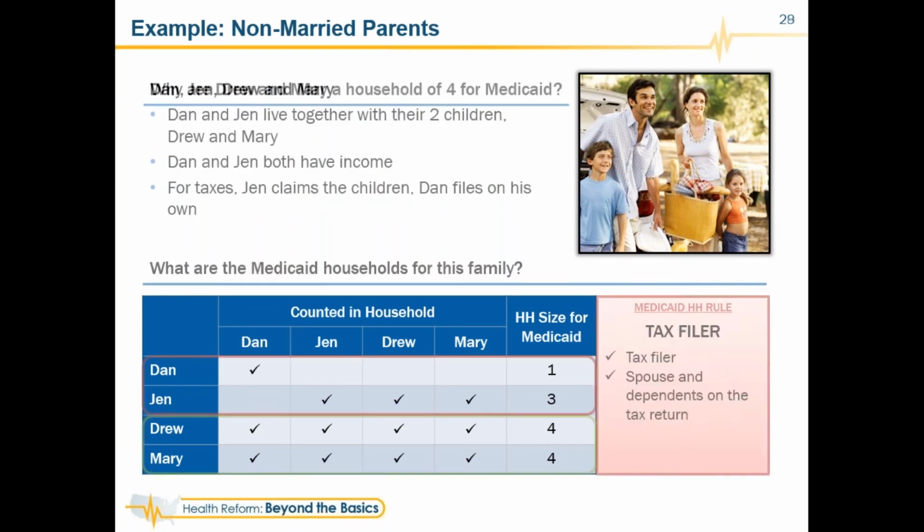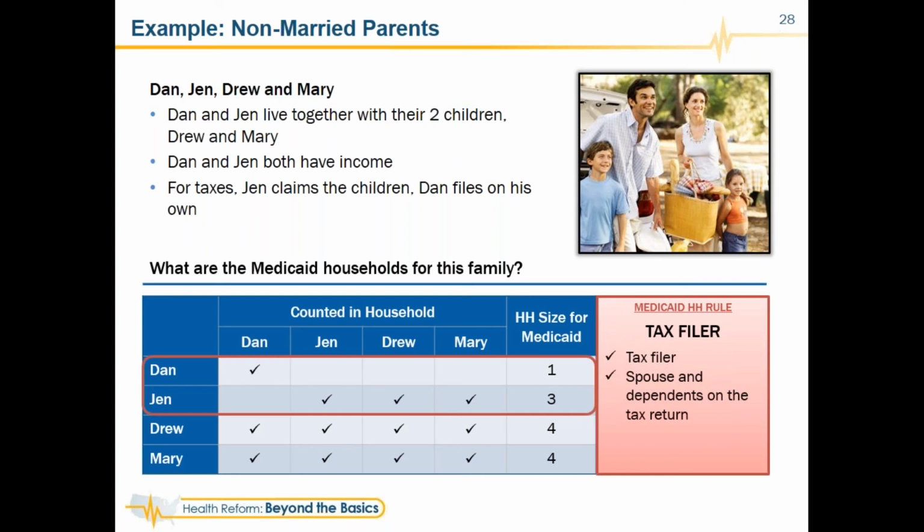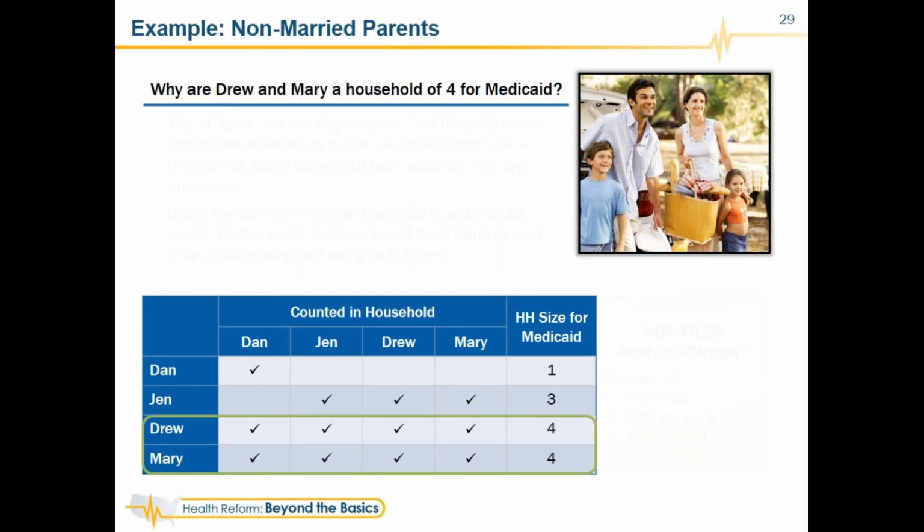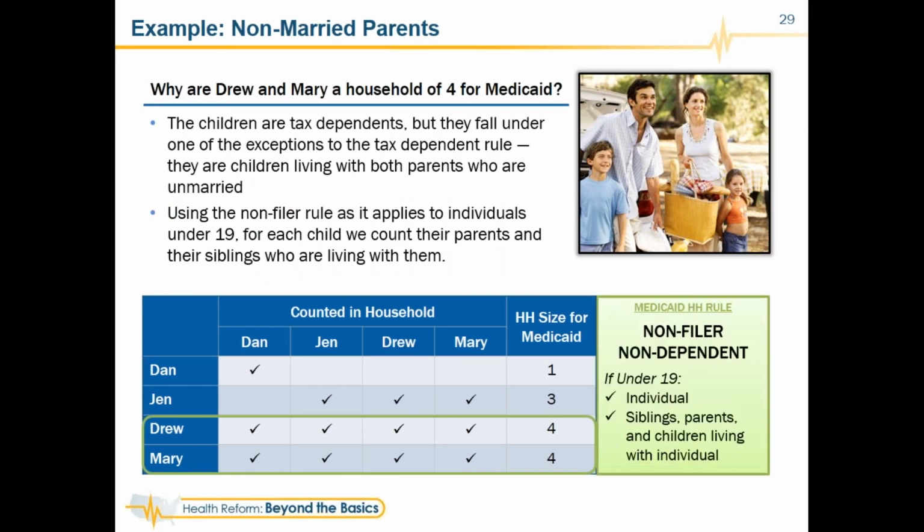Oh, sorry. Jen is a household size of 3. Jen is the tax filer, and who's counted in her household? Herself and her spouse and dependents. She's not married in this case. She does have 2 tax dependents, Drew and Mary, so her household size is 3. Now let's look at the children. The children are tax dependents, but they fall under one of the exceptions to the tax dependent rule.